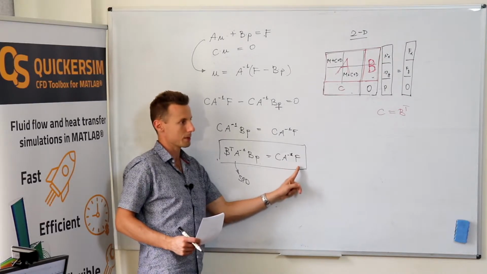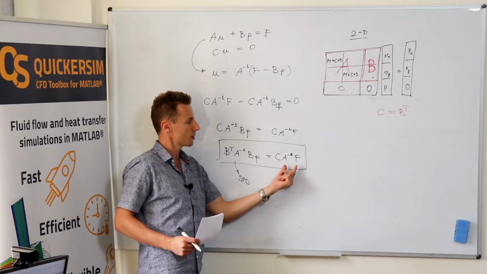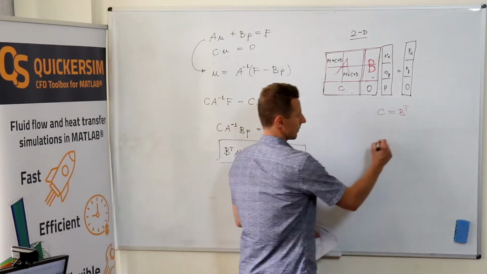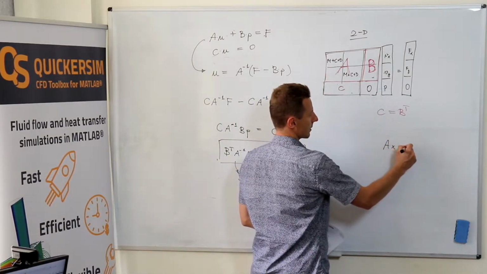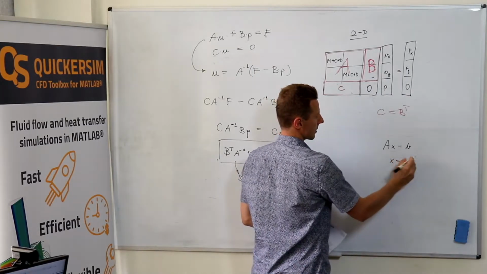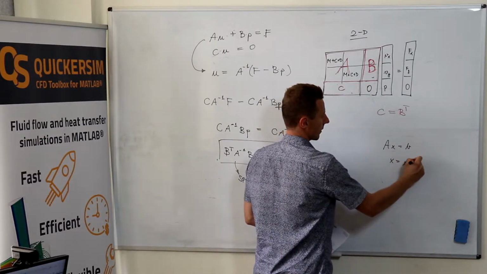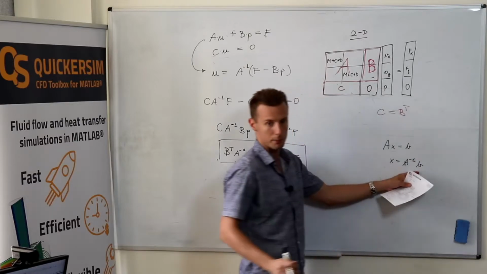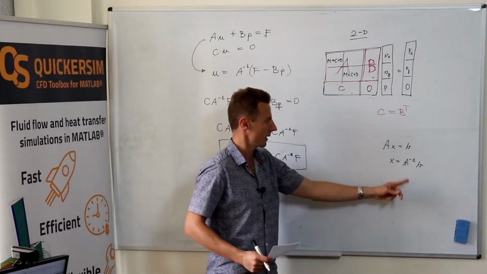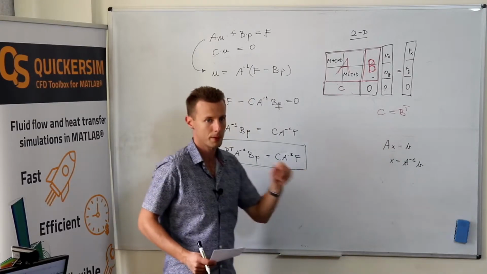Inverse of A times a vector means solving such a system of linear equations. Like x equals A^-1 times b. So having something like that means: okay, solve this system for x.